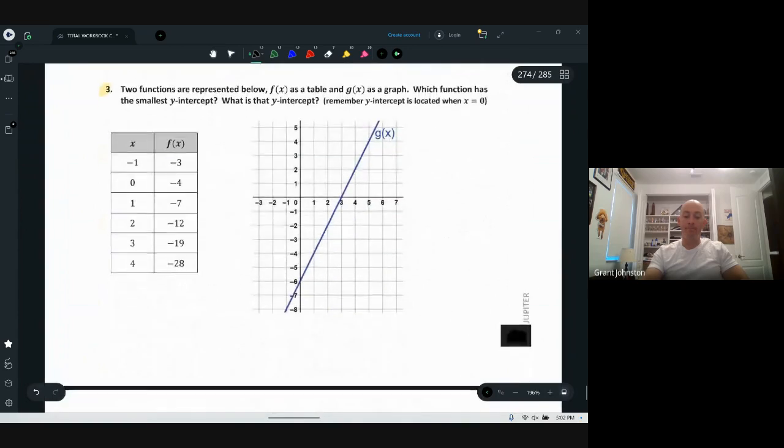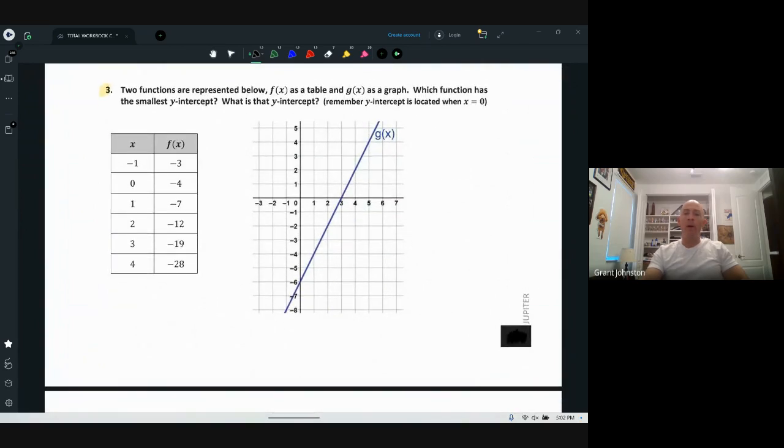All right, let me do a couple of these. Two functions are represented below: f of x as a table and g of x as a graph. Which function has the smallest y-intercept? What is that y-intercept? Now remember, for g of x, the y-intercept is very clearly at 0, -6.